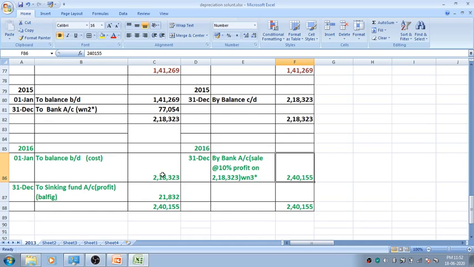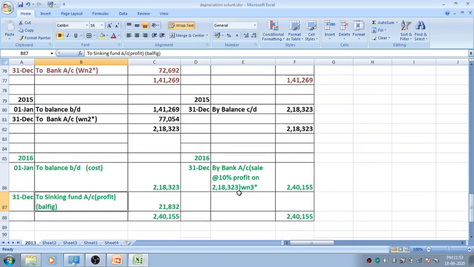Then if you try to tally the account, it will not tally. The balancing figure is exactly amount equal to profit calculation. Okay, that is 21,832. And with this, you will tally your investment account. Sinking fund investment account is closed by writing the profit as a balancing figure. So that is to sinking fund account, balancing figure 21,832, and close the ledger account with 2,40,155 as total.